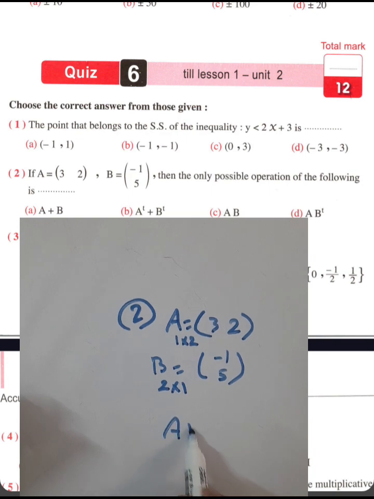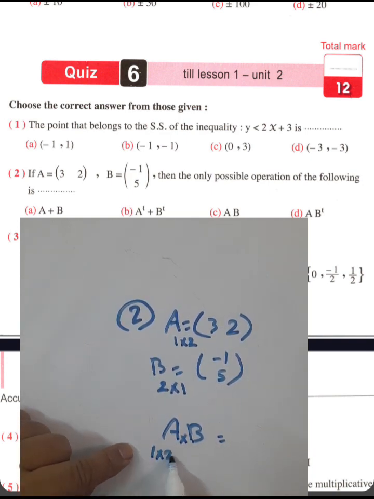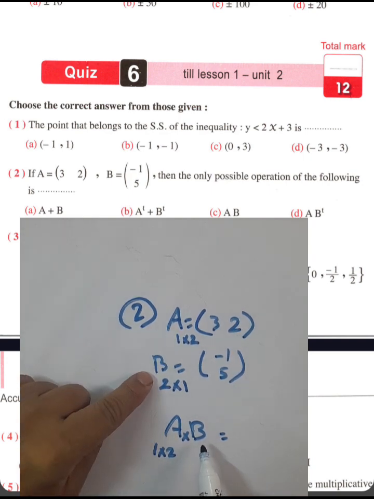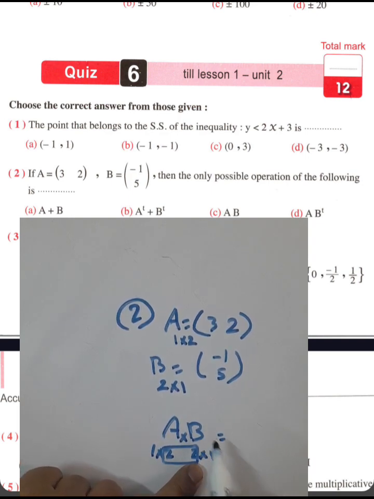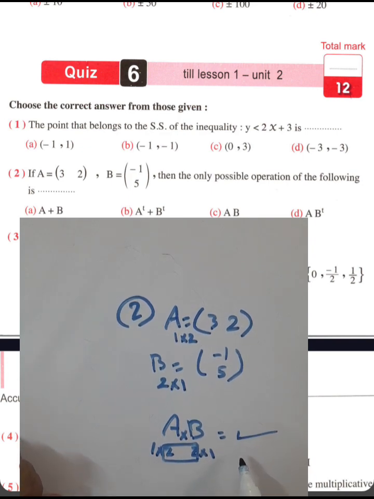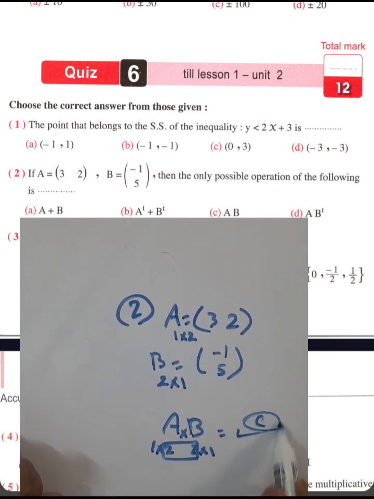Then we can find the product between A and B, because A is of order 1 by 2 and B is of order 2 by 1. The number of vertical in the first matrix equals the number of horizontal in the second matrix, then we can find the product between A and B. Okay, choose letter C about question number 2.